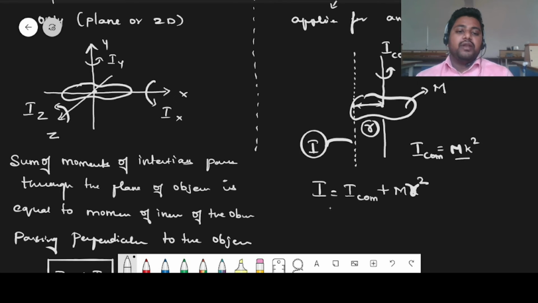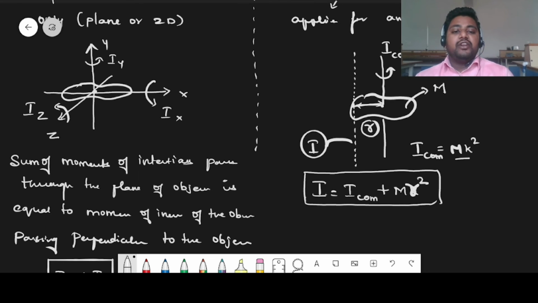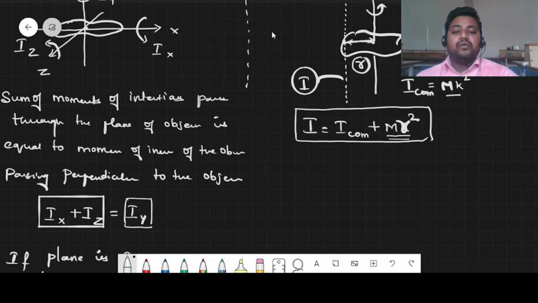So this is the rule or law according to this theorem: the moment of inertia about any axis parallel to the center of mass axis is obtained by adding the mass times the square of the distance between them. This is how we have to analyze.